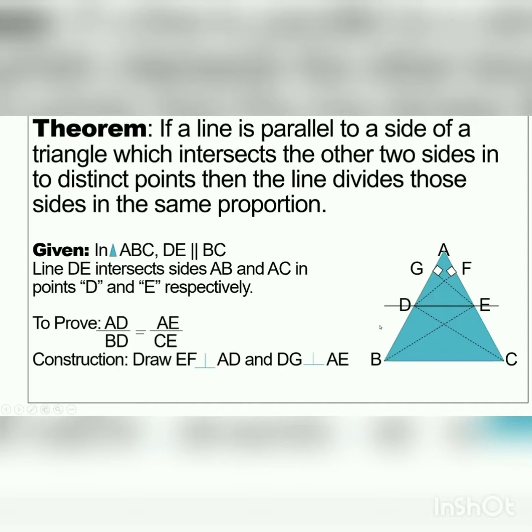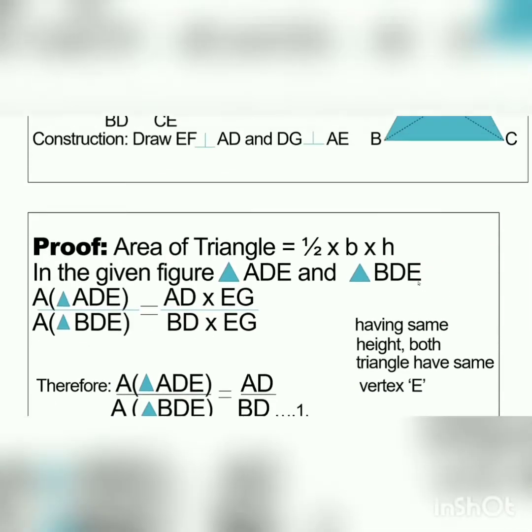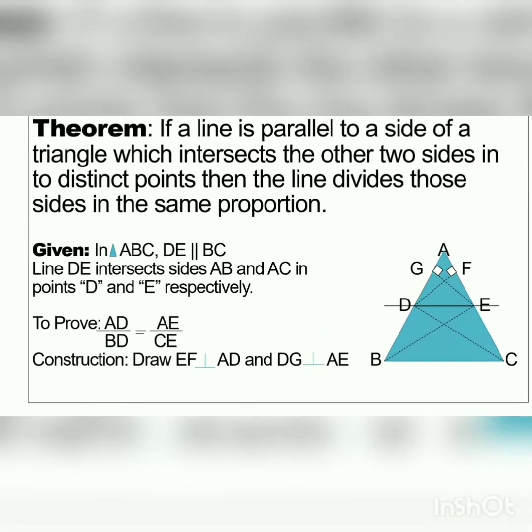Both bases are lying on the same segment AB. ADE and BDE also have a common point E, so with bases lying on the same segment and common point E, the height of both triangles, EG, is the same.